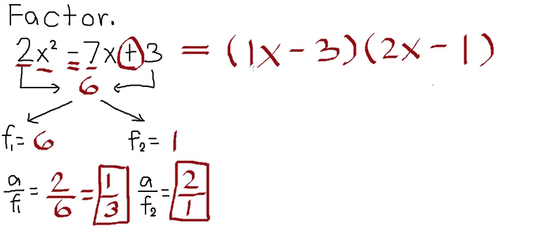Since ang 1x ay equivalent lang naman sa x, tanggalin na natin yung 1. So therefore, the factors of 2x squared minus 7x plus 3 are x minus 3 times 2x minus 1. And that is the final answer.